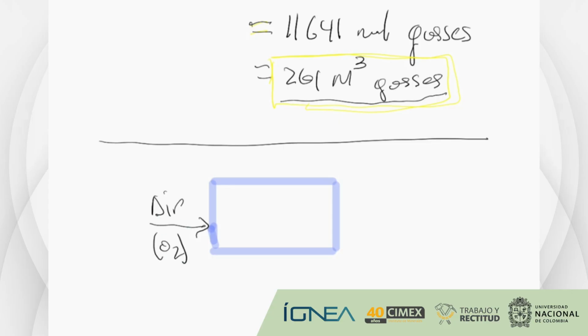We have oxygen here, and we have oxygen in the process, in the dust, and of course in the gases. We had to prepare the mass balance of the oxygen.